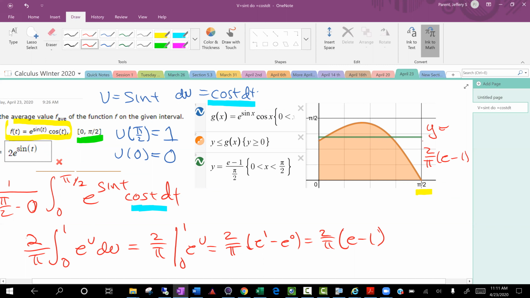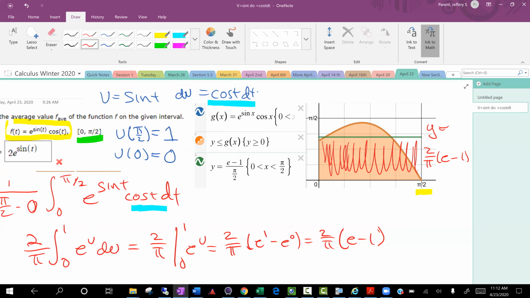Now, does that make sense for our particular function? Well, the function starts out a little bit lower than that, then goes up, and it stays up above that line for a long time, then eventually comes down a lot. So theoretically, if I did this right, if I calculated the area of this shaded region here, then that area should equal the area underneath the curve.